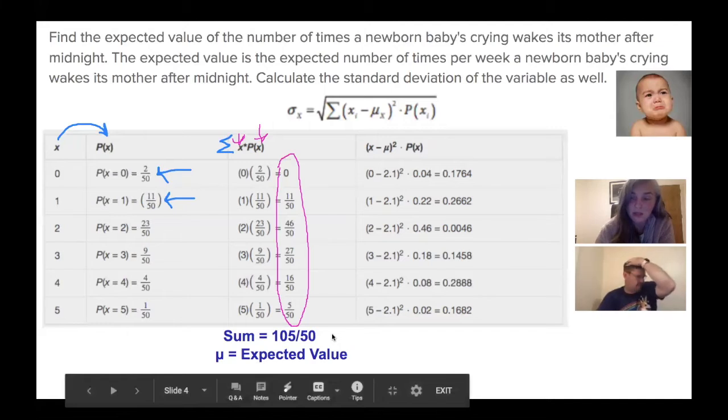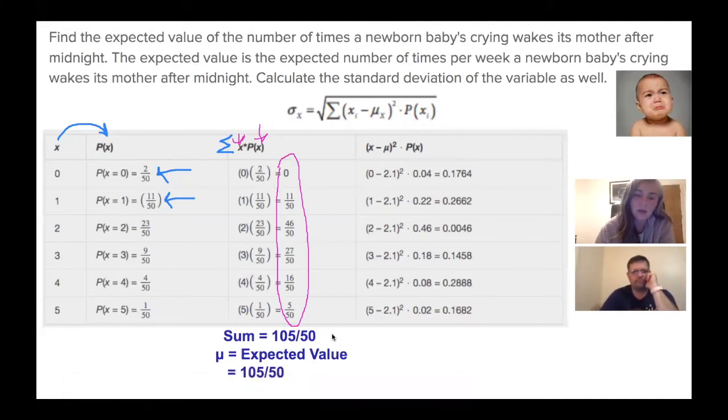Sometimes I've seen them not reduced, but you do need to be prepared for the fact that it could. And so what we would say is mu of x, or the expected value, is 105 out of 50.